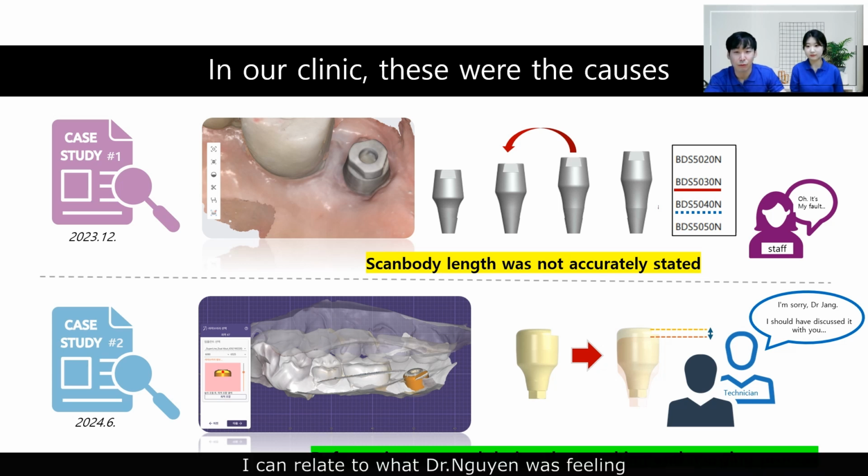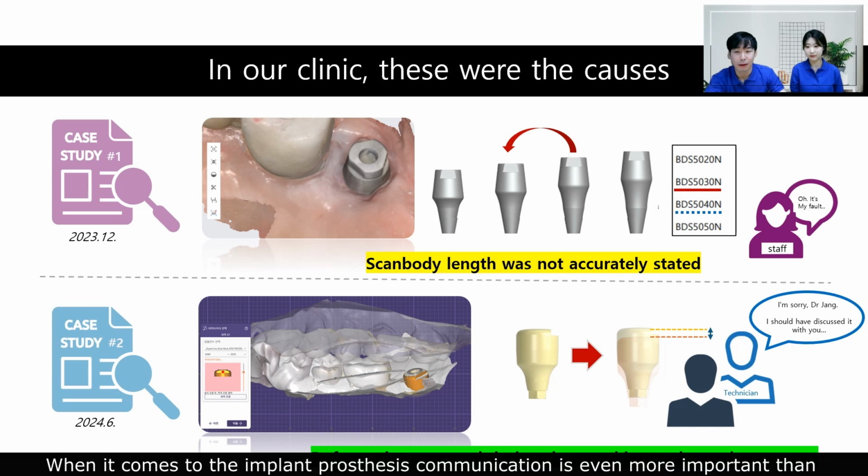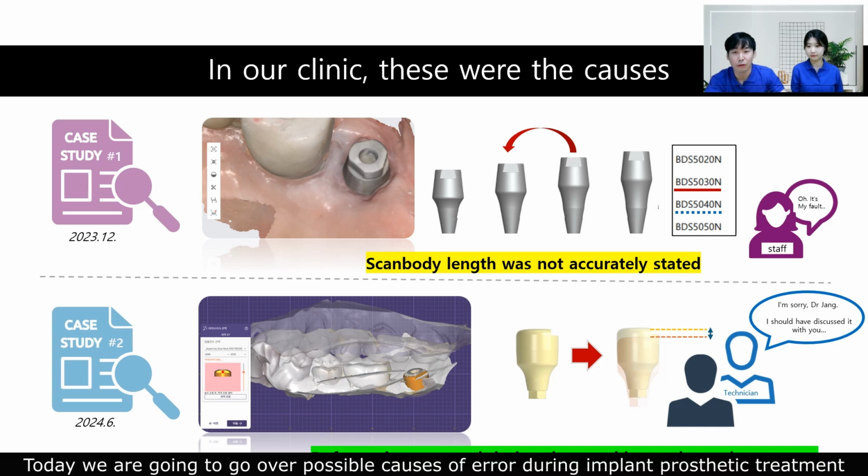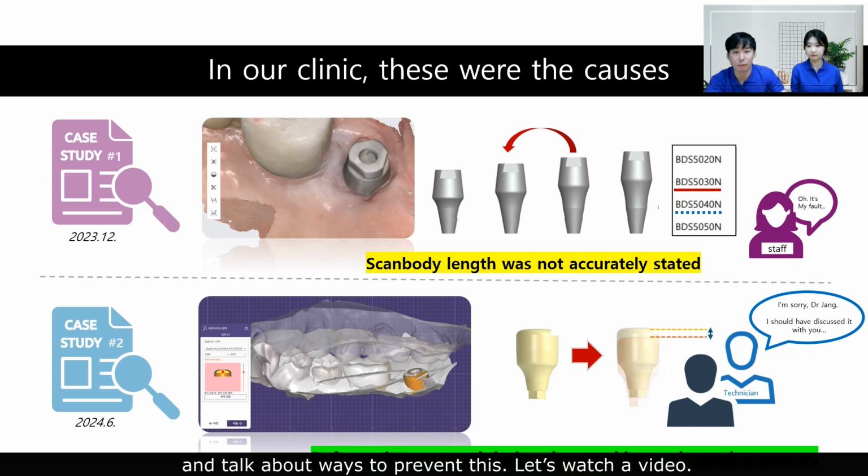I can relate to what Dr. Nguyen was feeling. When it comes to implant prosthesis, communication is even more important than other prosthetics because it needs to reflect the dentist's intention, so it acts like the foundation. Today, we are going to go over possible causes of error during implant prosthetic treatment and talk about ways to prevent this. Let's watch a video.